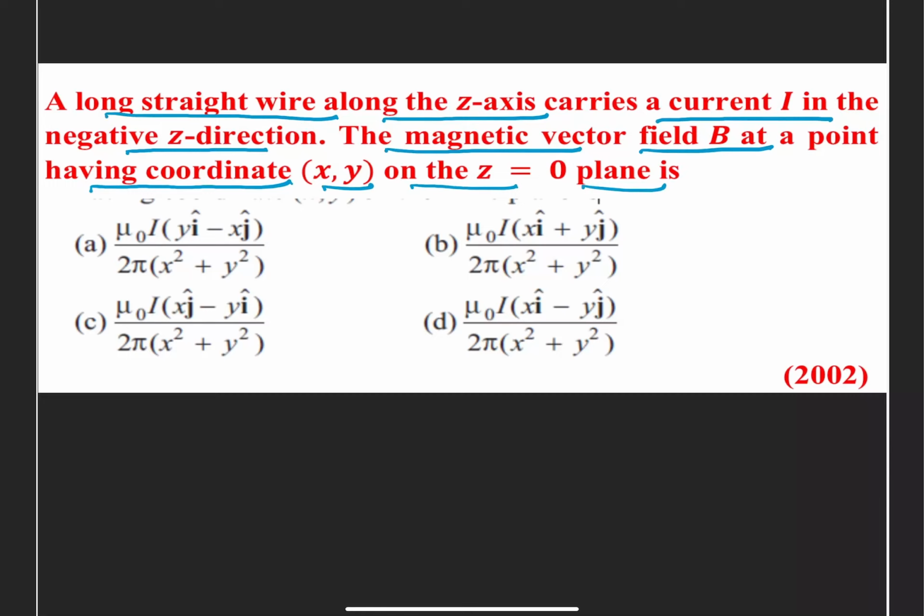In this case, we have to find out what will be the magnetic field at that point.